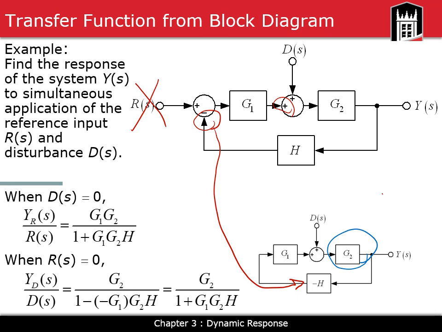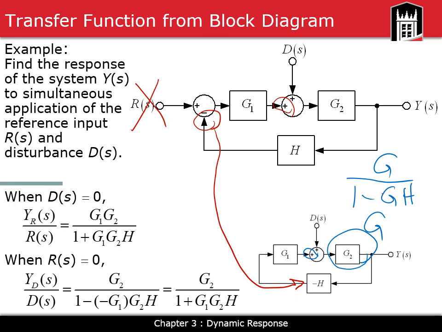This is the only transfer function that is seen after the summation and before the output Y. So this would be our G if we want to use that G over 1 minus GH formula for the feedback loop. I put the minus there because the feedback is now positive. G over 1 minus GH. G would be G2.